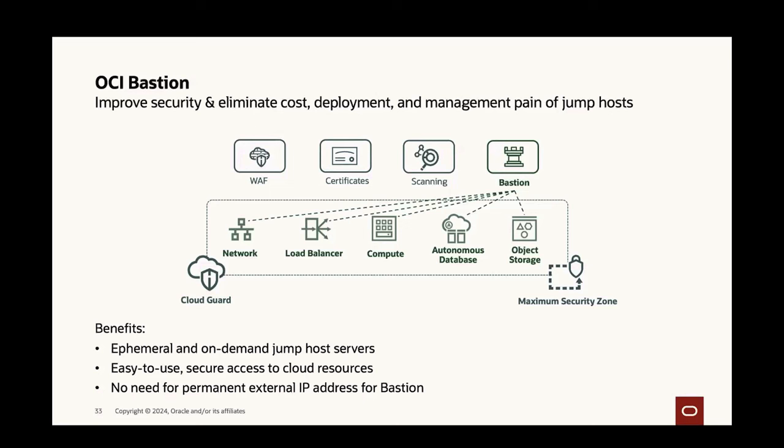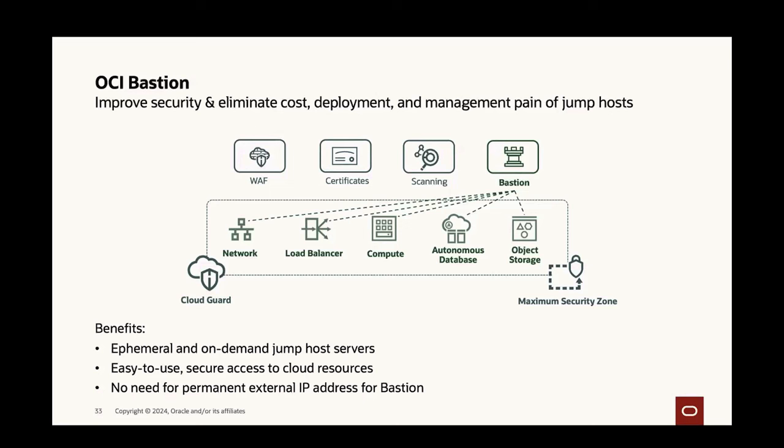And the access is going to be governed by OCI IAM policies, which can allow these authorized users to connect from specific IP addresses to target resources using SSH sessions. And when connected, users can interact with the target resource by using any software or protocol supported by SSH.